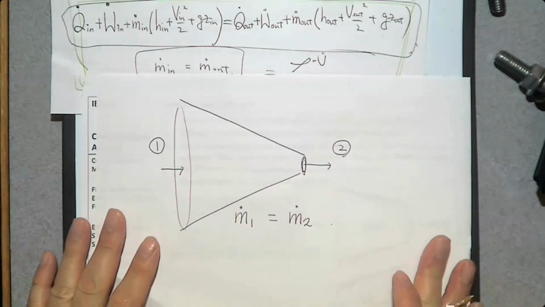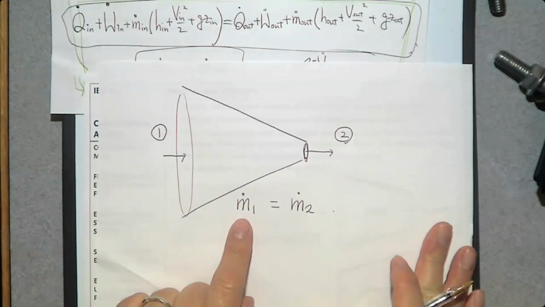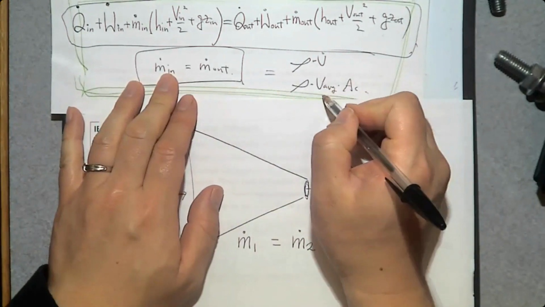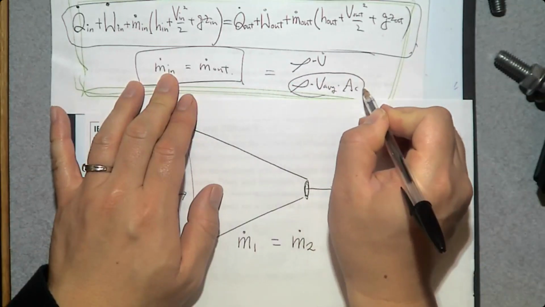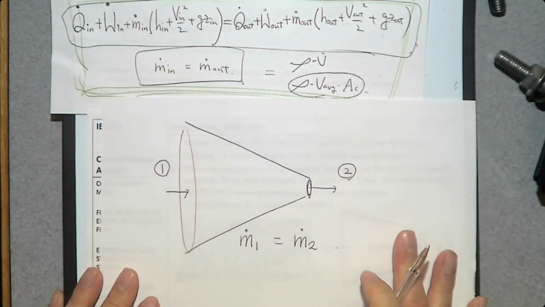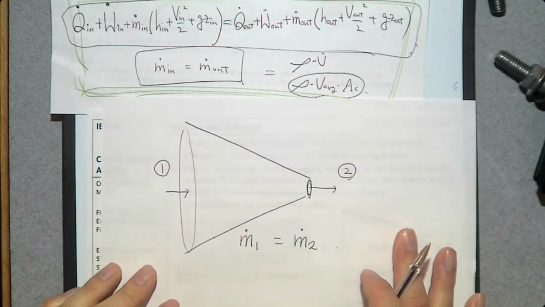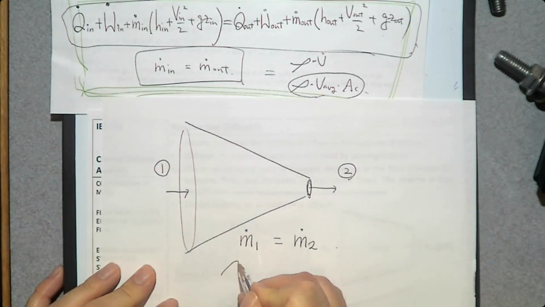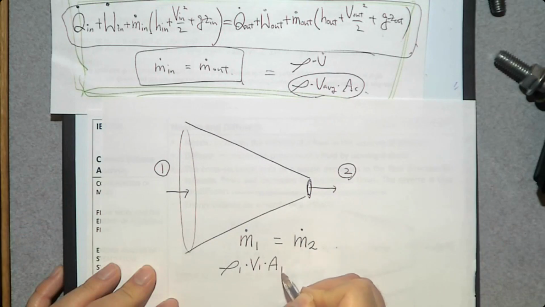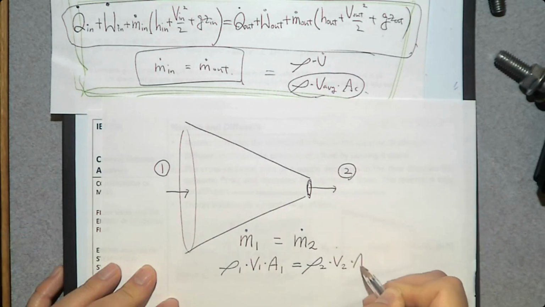No problem. Then how can you determine this mass flow rate? Oh, here it is. Density times velocity times cross-sectional area. So I can use this one to solve for m dot number 1. So this is density at the inlet times velocity at the inlet times cross-sectional area at the inlet, which should be the same as density at the exit, velocity at the exit, cross-sectional area at the exit.